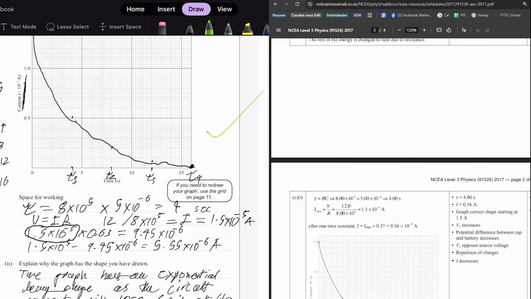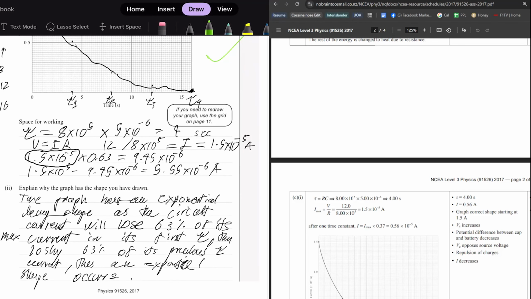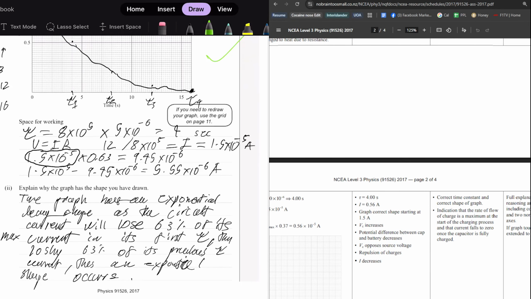Its current is maximum at the start. Later, more charge remains in the capacitor. Okay, so I said it wrong, but I had the right idea. I just didn't say enough. Yeah, this is one of my weaker points, where I don't say enough of it.